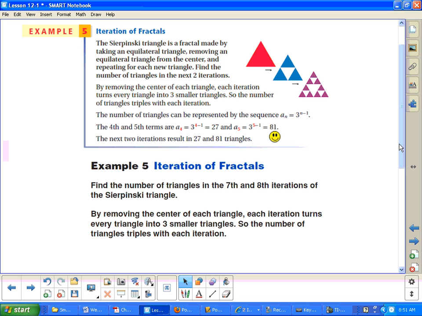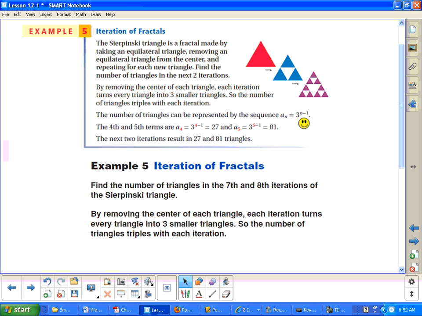I can do 3 raised to the 7th power minus 1 for the 7th iteration, because they're using this formula, and 3 raised to the 8th power, or 8 minus 1, to get the 8th one. Or we could just take 81, multiply by 3, and that would give us the 6th iteration. Then multiply by 3 again to get the 7th, and multiply by 3 again to get the 8th.